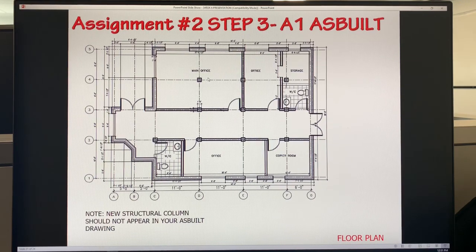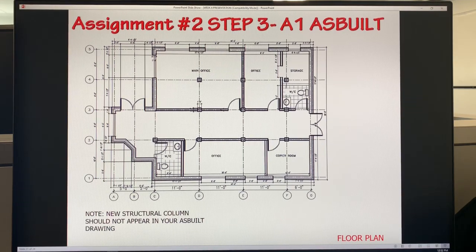Remember that column that we put in? I want that column to be under new construction. By the way, that column should be the only thing that should appear structurally in your drawing, because we are not doing this for our structural plans. Make sure you're not doing all of this work under structural plans.